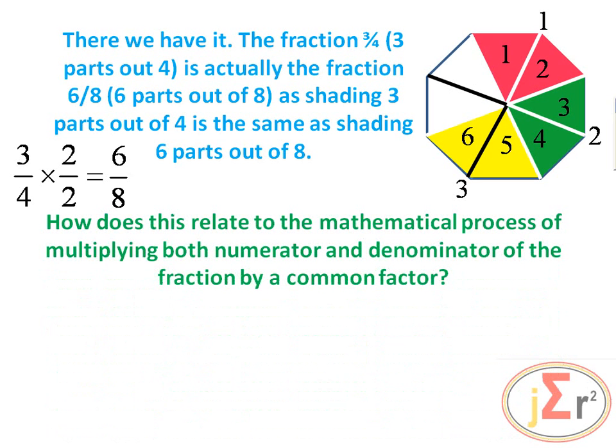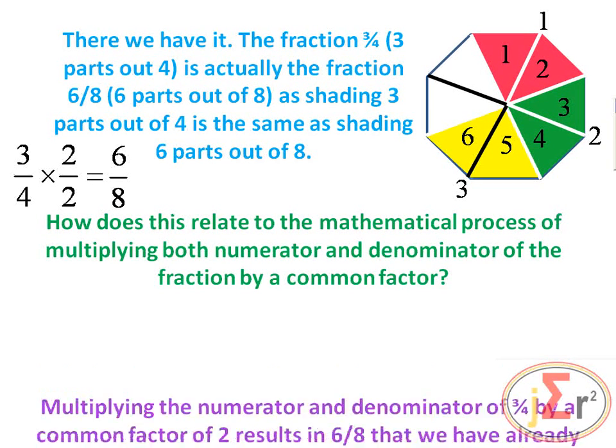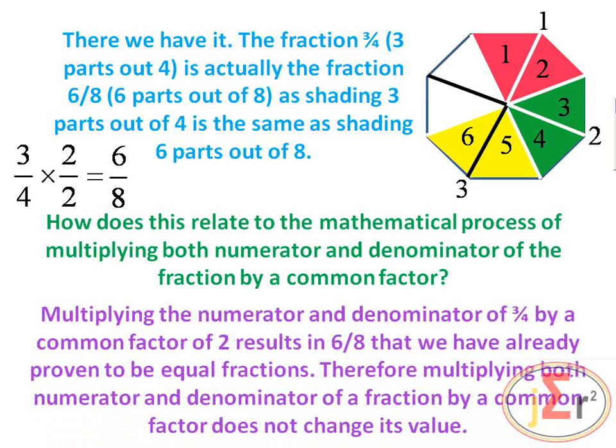How does this relate to the mathematical process of multiplying both numerator and denominator of the fraction by a common factor? Multiplying the numerator and denominator of 3/4 by a common factor of 2 results in 6/8 that we have already proven to be equal fractions. Therefore, multiplying both denominator and numerator of a fraction by a common factor does not change its value.